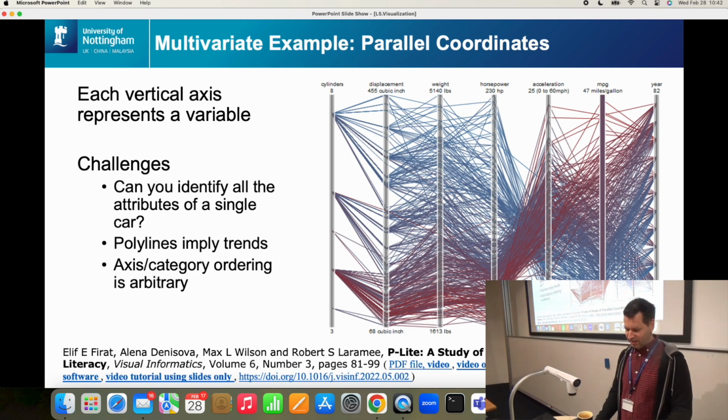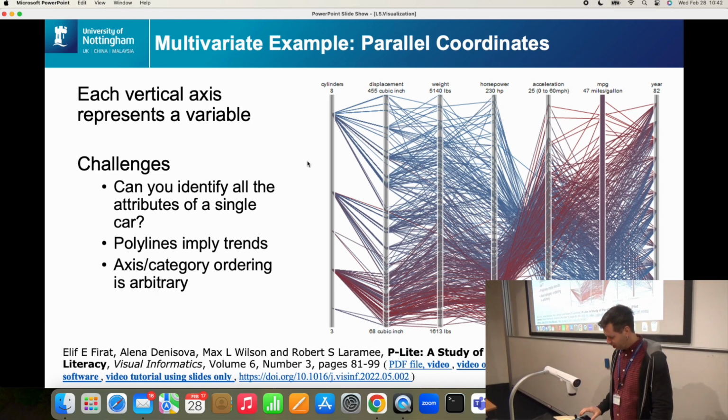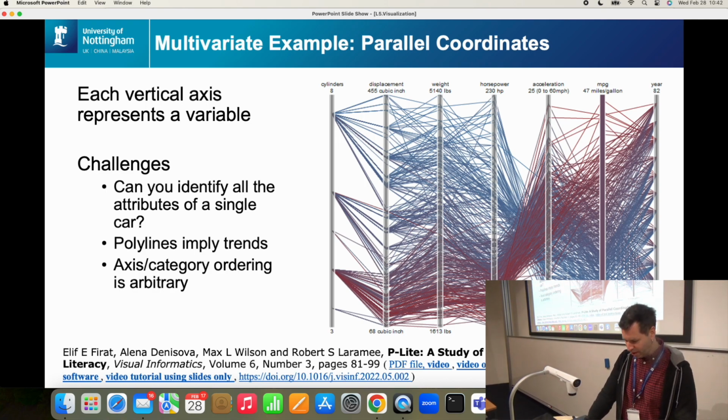In this case, every variate is mapped to an axis. So this is a representation of a set of cars, and we're shopping for new cars. We want to make comparisons between the cars to see which one we want to buy.